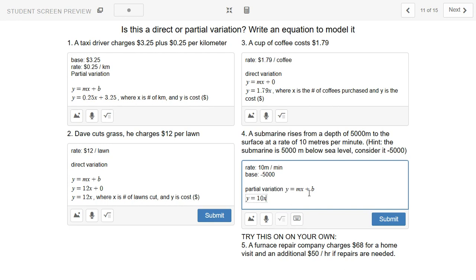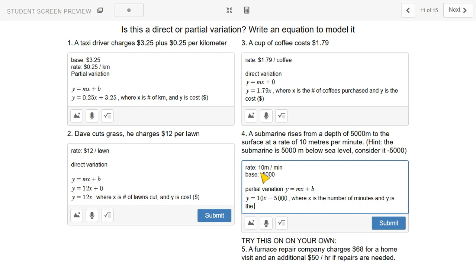So if I have a plus and minus, we have subtract 5,000, where x is the number of minutes and where y is the meters.